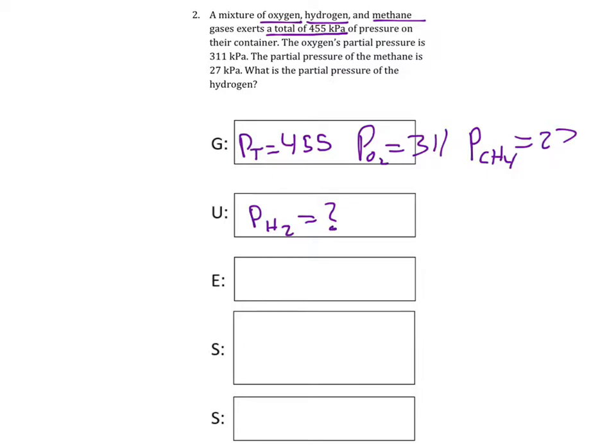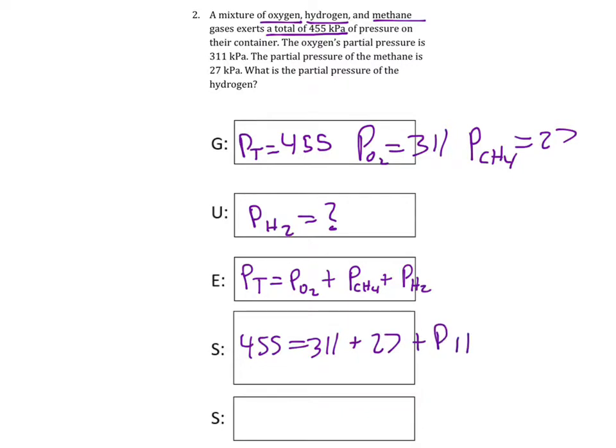So this one is a little bit different because the equation is going to be the total pressure is equal to the partial pressure of the oxygen gas plus the partial pressure of the methane plus the partial pressure of the hydrogen gas. And when you substitute it, you see that it does give us the total pressure, which is 455. It does give us the partial pressure of the oxygen, which is 311. It does give us the partial pressure of the methane, which is 27, and it's asking for the partial pressure of the hydrogen gas. So how do we solve for the partial pressure of the hydrogen gas?